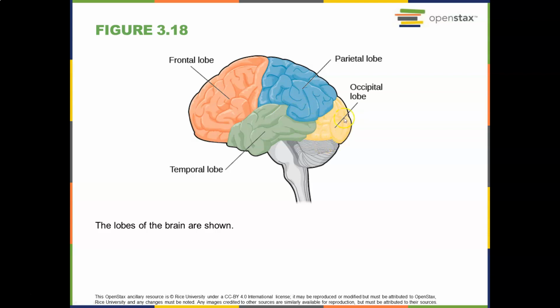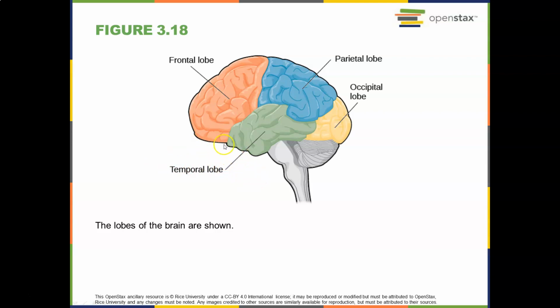And that is where it's processed. People have said, well, hey, that's to protect the eyes, throughout the years of evolution and everything. That's why the occipital lobe is in the back of the head. So that way, if there's damage to the front right here, the eyes can still work.